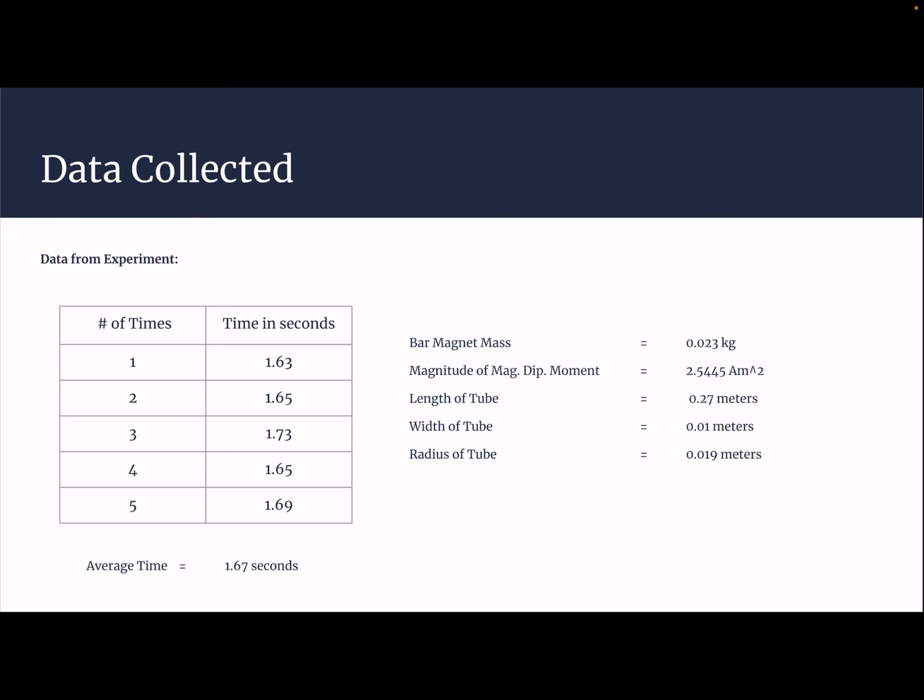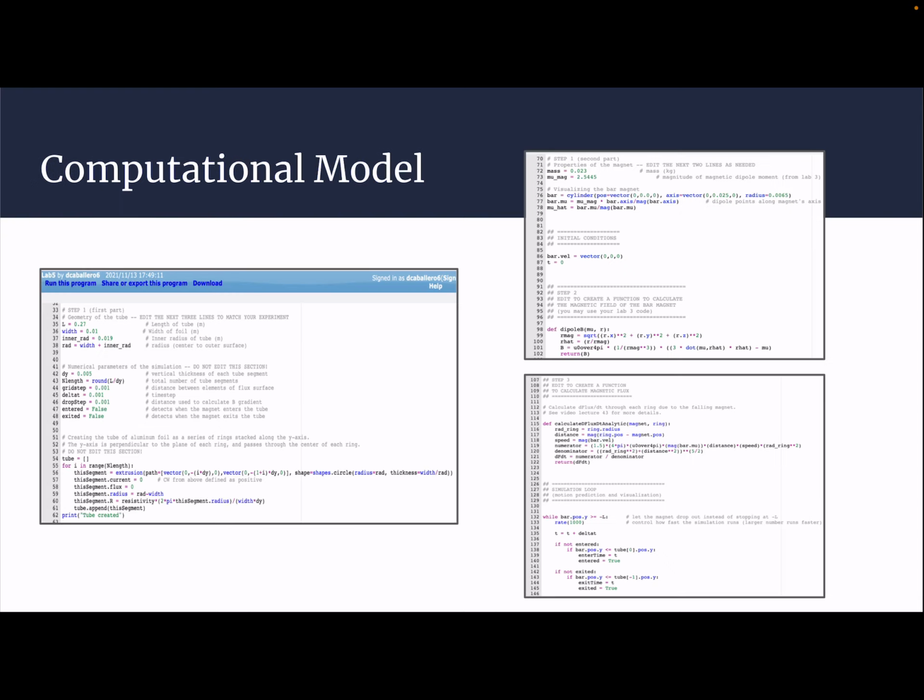Now we continue with the computation model. The creation of this model is separated into a couple of steps. Step 1, I enter my measurements into the code and use those values to create a visualization of the bar magnet. Step 2, I created a function for the magnetic field at a certain location using the Biot-Savart law. Step 3, I created a function for the changing flux through time.